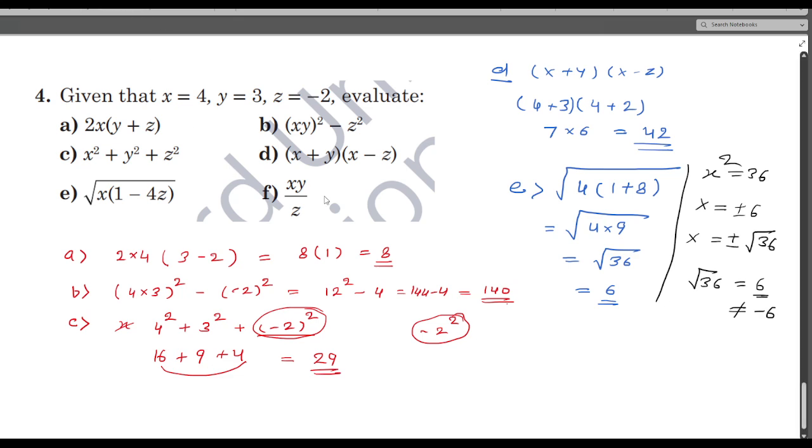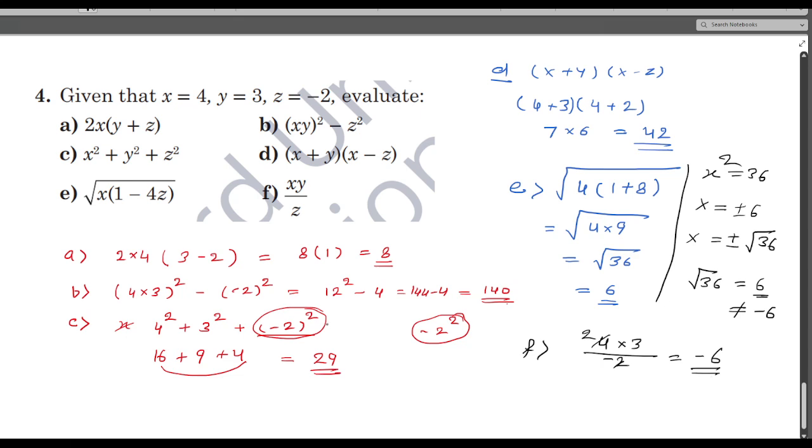F is xy divided by z. So here xy is 4 times 3, divided by z, z is minus 2. So your result is, this 2 times 2 is 4, this 2 will cancel, and 2 times 3 is 6. 6 upon minus 1 is minus 6. Correct?